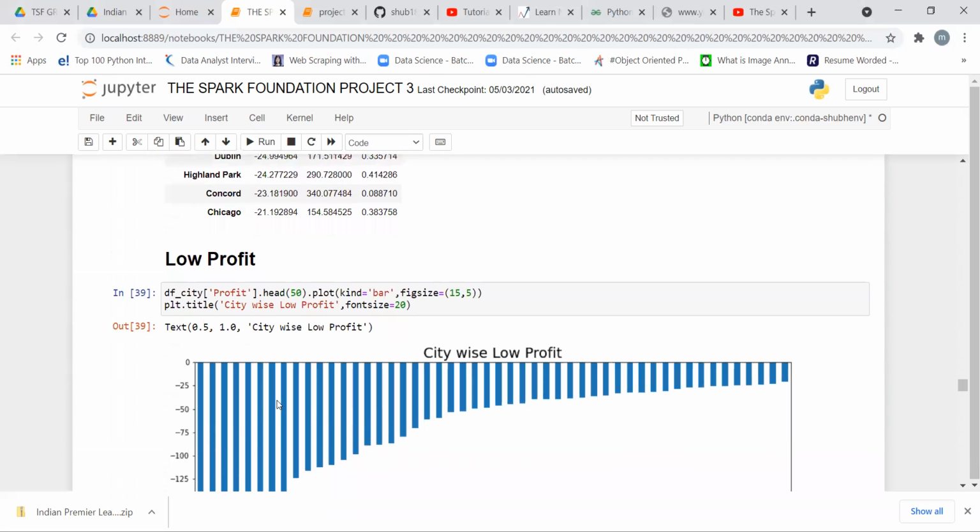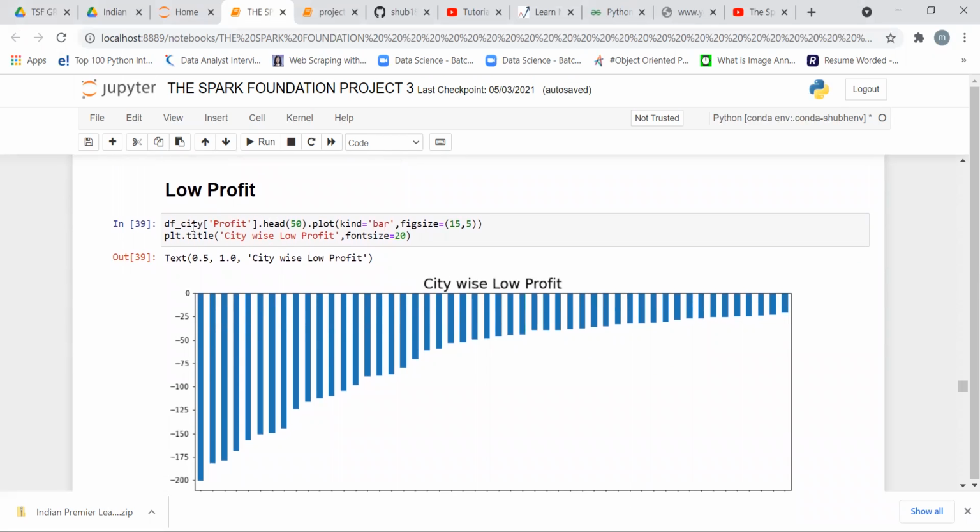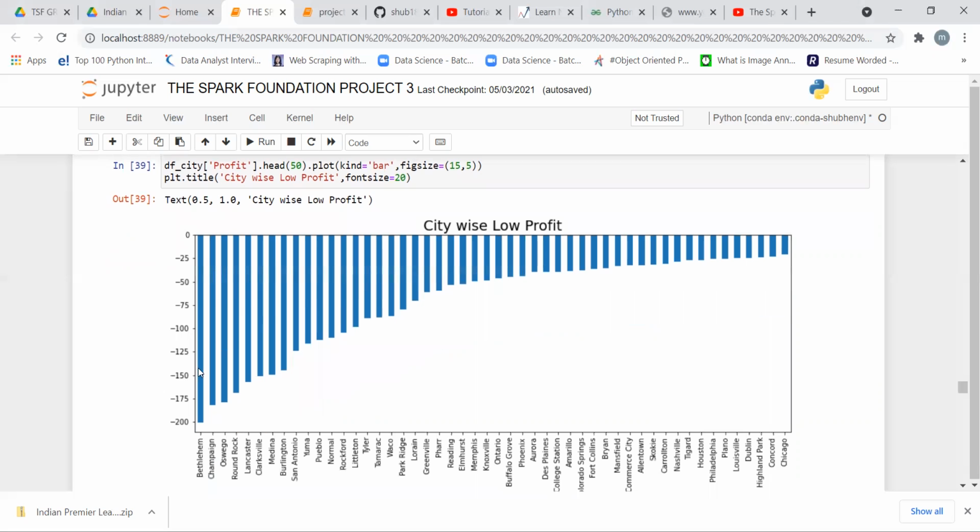So we sort, and we use the top 50 values first for determining low profit. It is around minus 200 and minus 175.